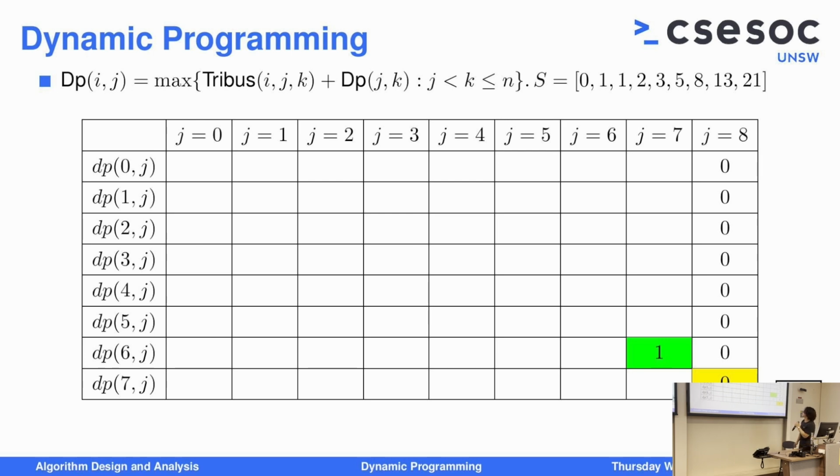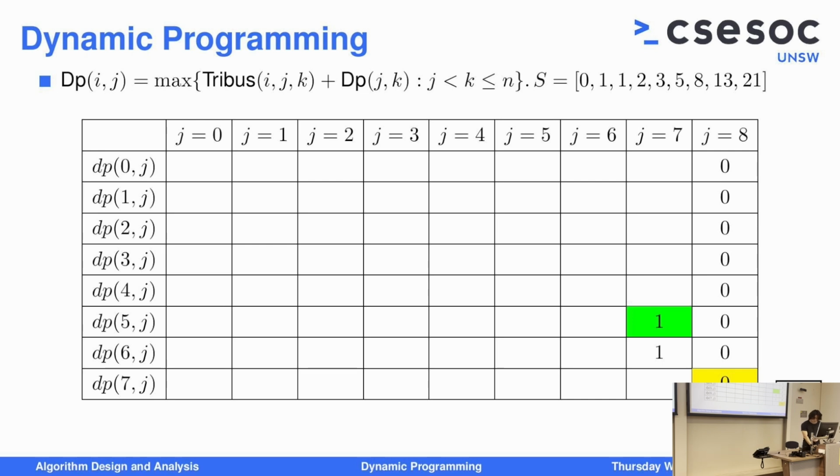Yeah, it does, 39. Does that make sense? This column here is not particularly interesting because there's only one value k can be. And by the way, from now on, green is what we're calculating now. Yellow is the dependency of what we're calculating. Okay?